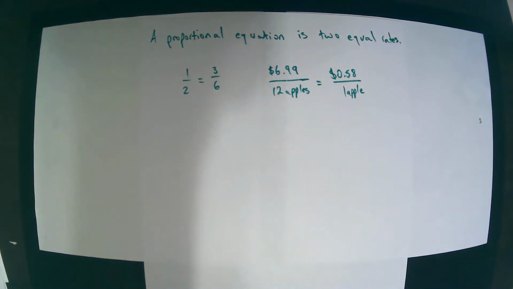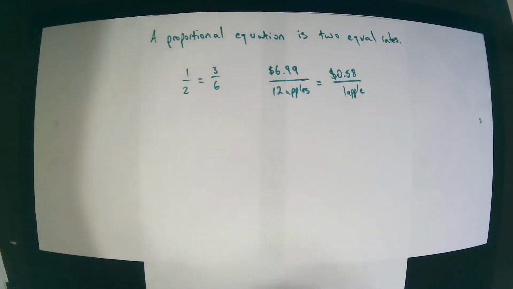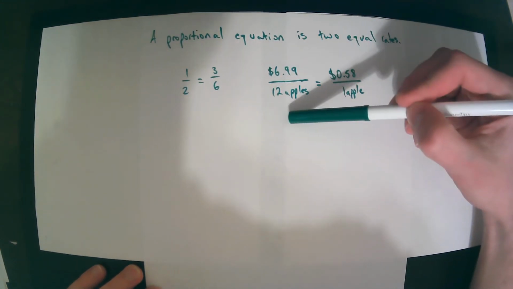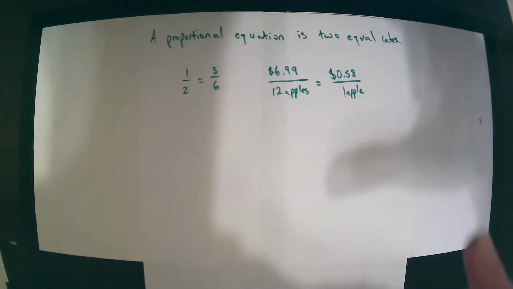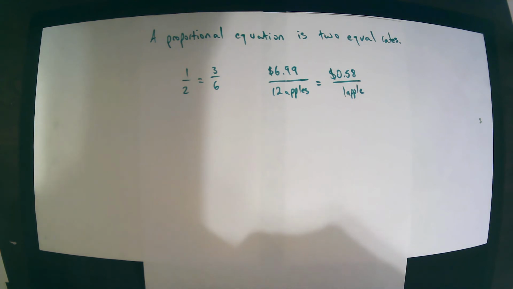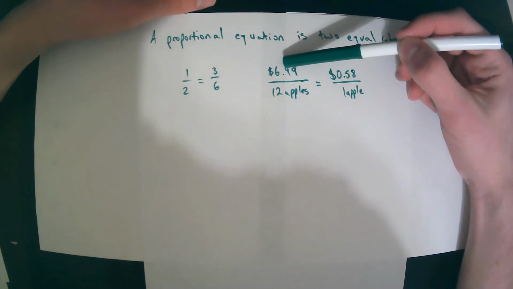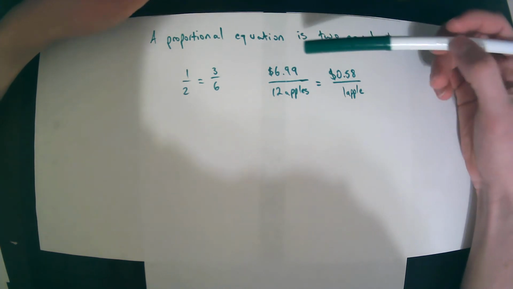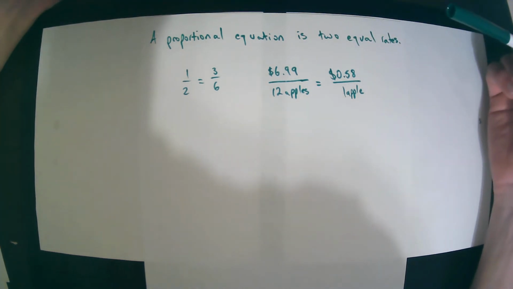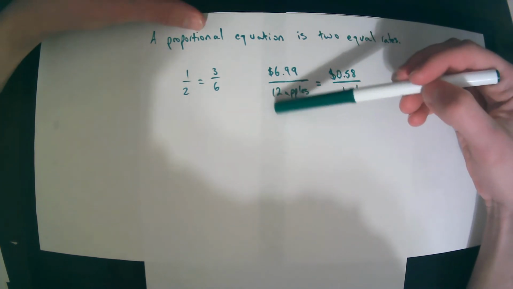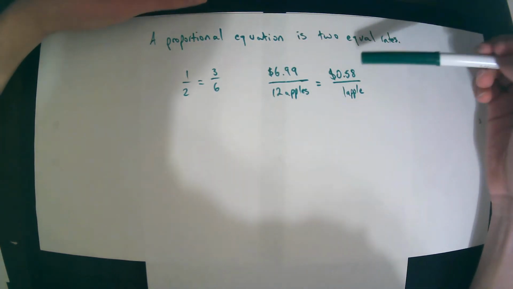Now, proportions are useful when you've got some known rate, and you may want to scale it up or down. So say I know that it's $6.99 for 12 apples, so I want to know, well, how much is it going to be for 48 apples? And then I would say, okay, well, I'm scaling the bottom up by 4, so I should do that to the top as well.